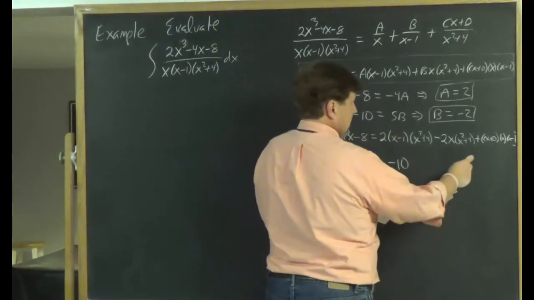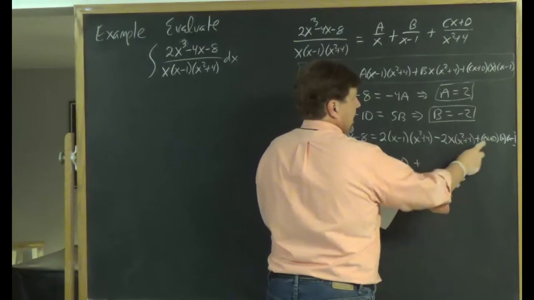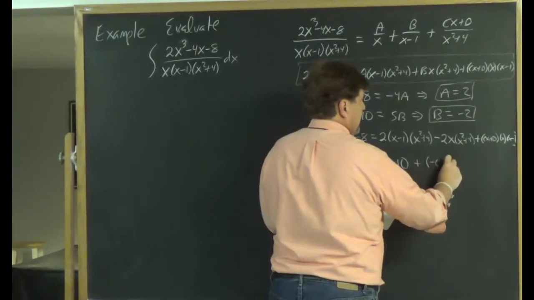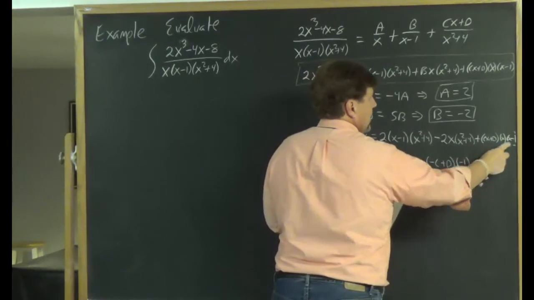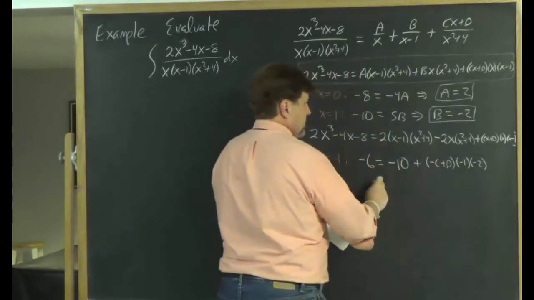So we get negative c plus d, and negative 1 minus 1 is negative 2.